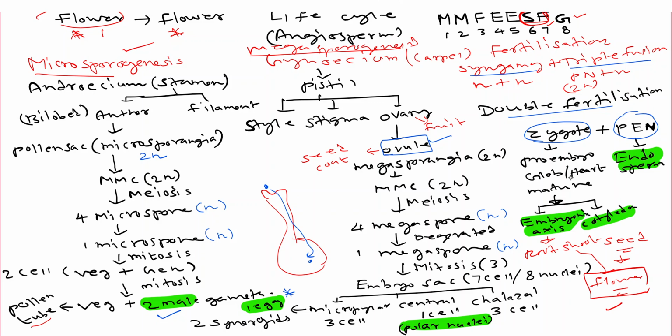The zygote turns into an embryo, and all of this is happening by a process called embryogenesis. So microsporogenesis, megasporogenesis, fertilization, embryogenesis, endosperm formation, seed formation, fruit formation.